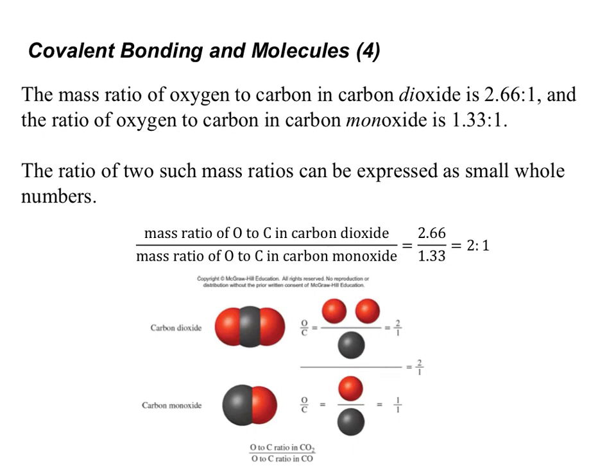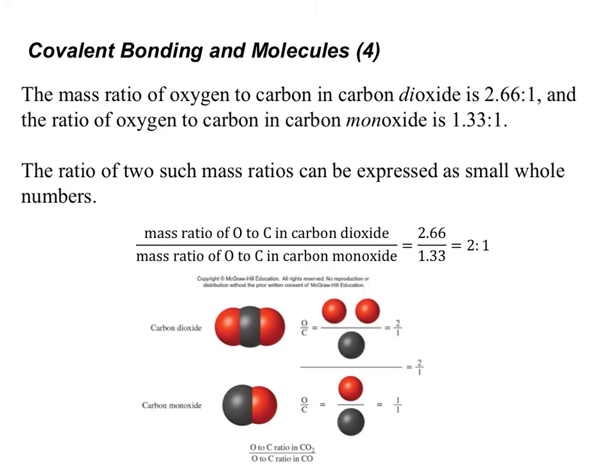The mass ratio of oxygen to carbon in carbon dioxide is 2.66 to 1, and the ratio of oxygen to carbon in carbon monoxide is 1.33 to 1. The ratio of two such mass ratios can be expressed as a small whole number.